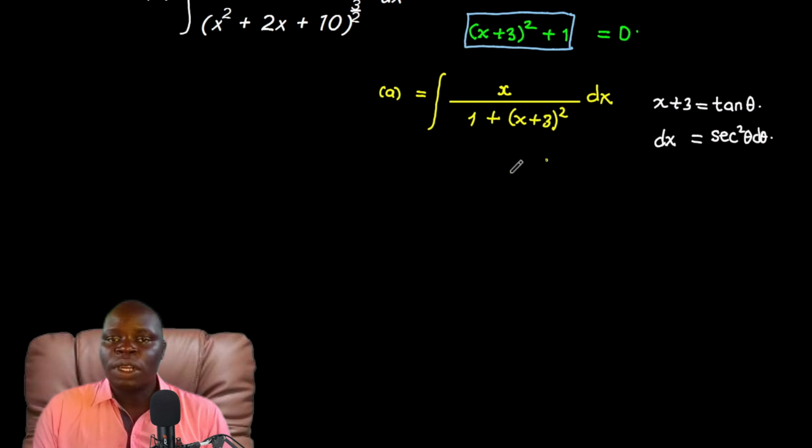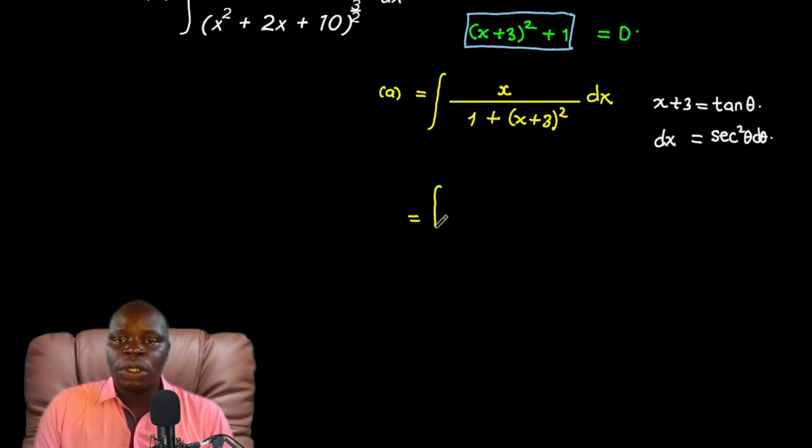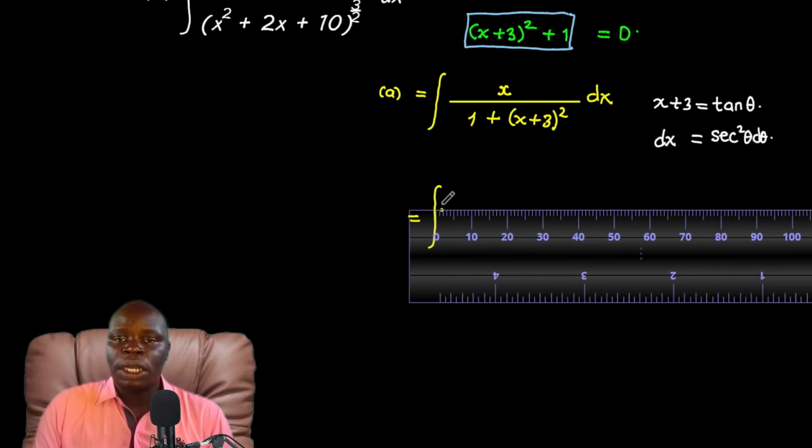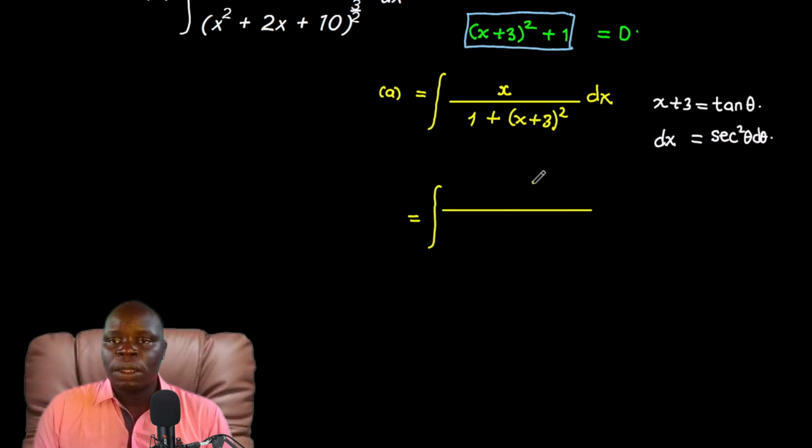So let's move on and make the substitution, changing this variable from x to theta. Now again, we can use our ruler here, and we have our x is tan theta.